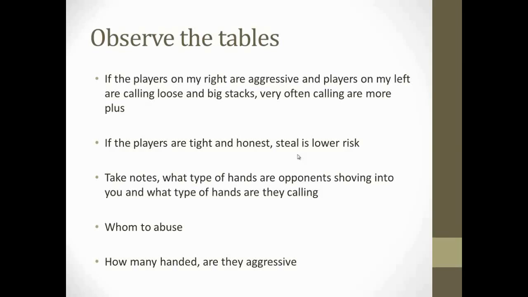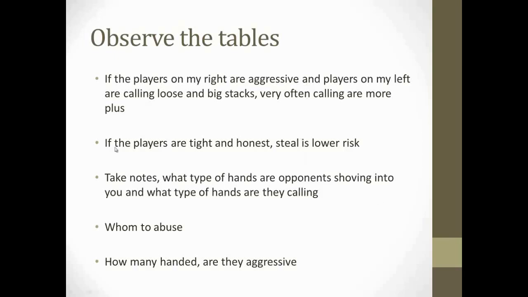Shoving you are risking 12 big blinds, while raising you are risking 2 big blinds. So it's not way plus EV, but it's slightly plus EV, and way lower risk. So that's the style I'll take.